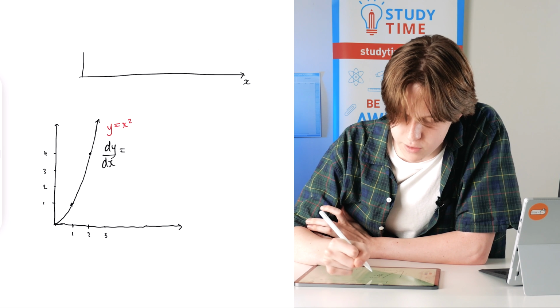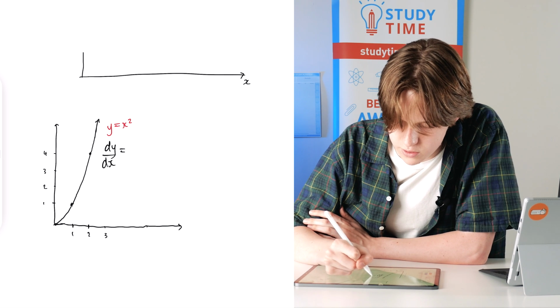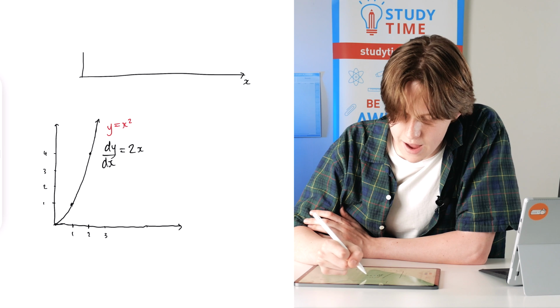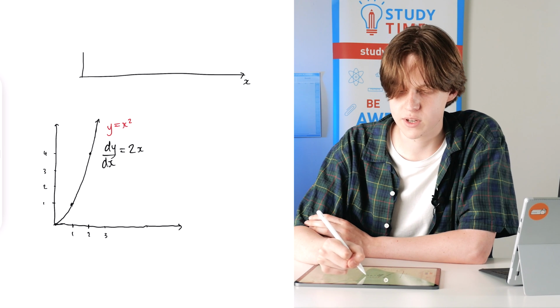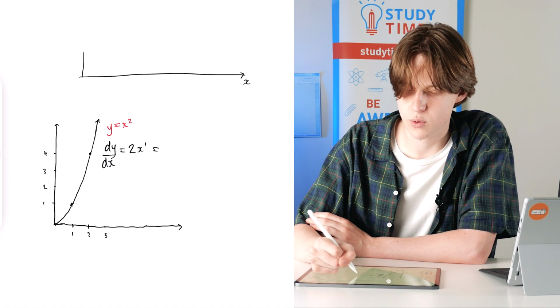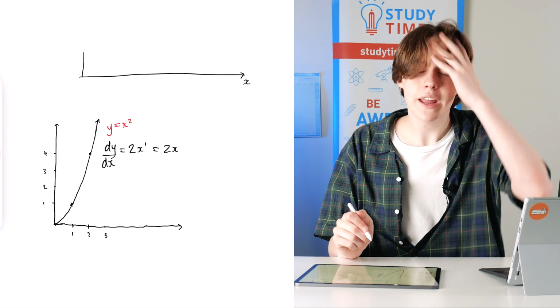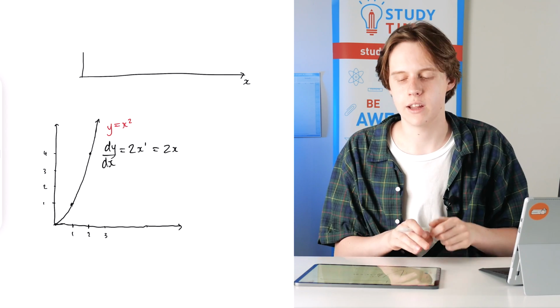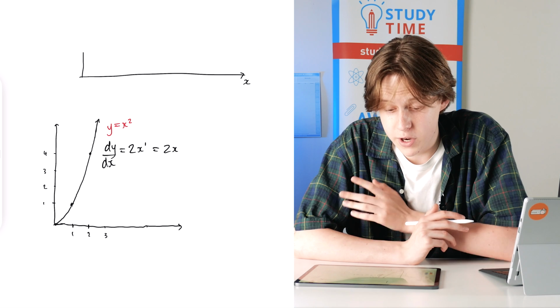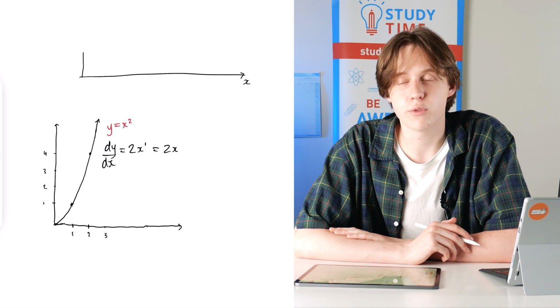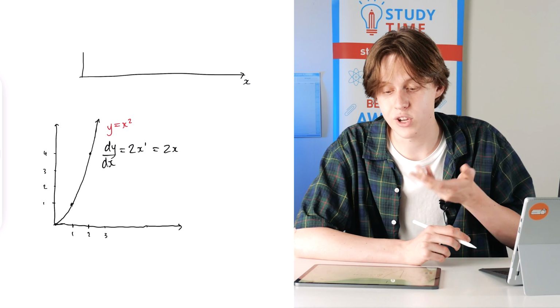I'm going to shift that power to the front, so the 2 goes to the front, so we get 2x, and then we minus 1 off the power, so we get 2x to the power of 1, which is just 2x. So now we know that at any point on this equation, we can just put in the x value, and we know that the gradient has a value of 2 times that.